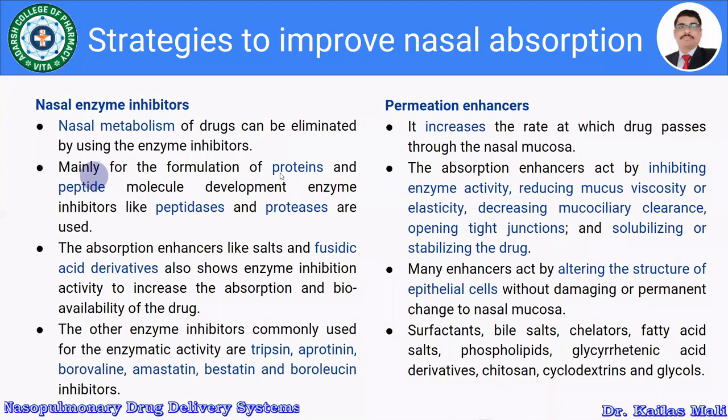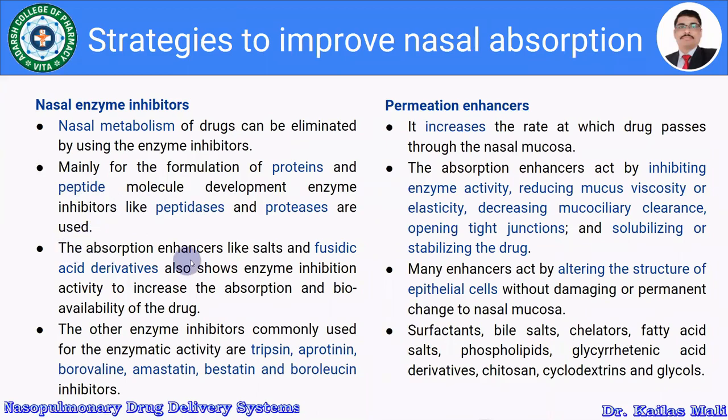Mainly for formulation of protein and peptide molecules, enzyme inhibitors like peptidase and protease inhibitors are used. These inhibit the metabolism of the protein and peptide drug, and are widely used in the development of the nasal drug delivery system of proteins and peptides.